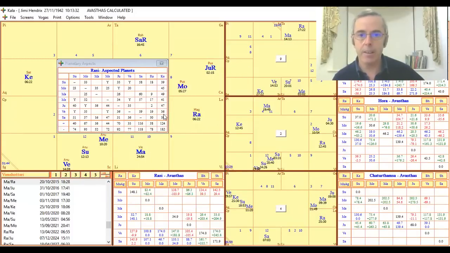Let's look at Saturn instead, right? Saturn gives a 50 rupa planetary aspect to Rahu. That's a pretty strong aspect because of the position between Saturn and Rahu. Okay, so that's a pretty strong aspect. So Rahu's in the sun's sign, so obviously it's affected by the sun, but it's also going to be deeply impacted by Saturn, especially if this person is in a Rahu-Saturn Dasha Antardasha period.